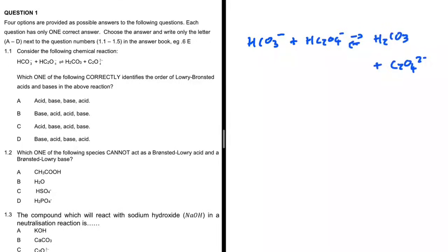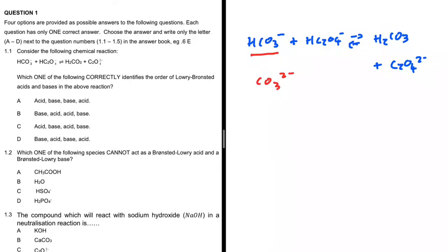We start with HCO3 minus. If this is an acid, on the product side we must get CO3 2 minus. It would have donated a proton and we would therefore refer to it as an acid, if and only if it is an acid.